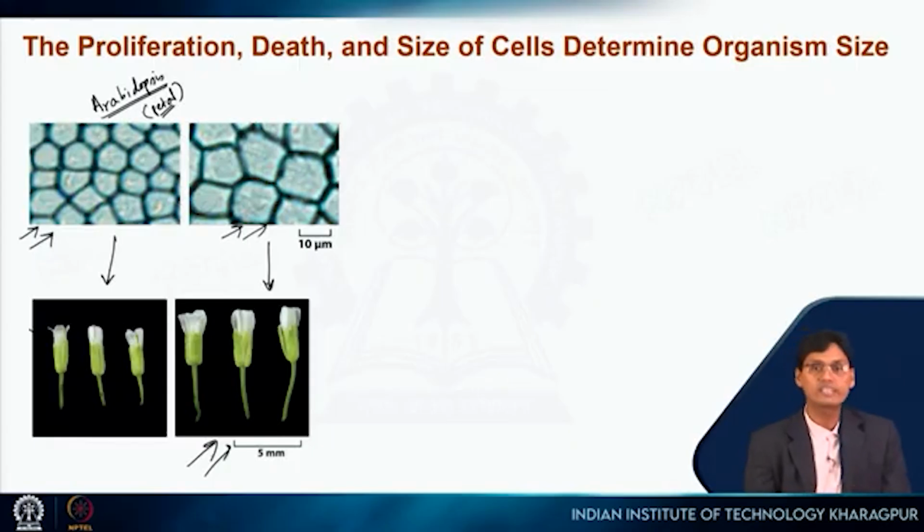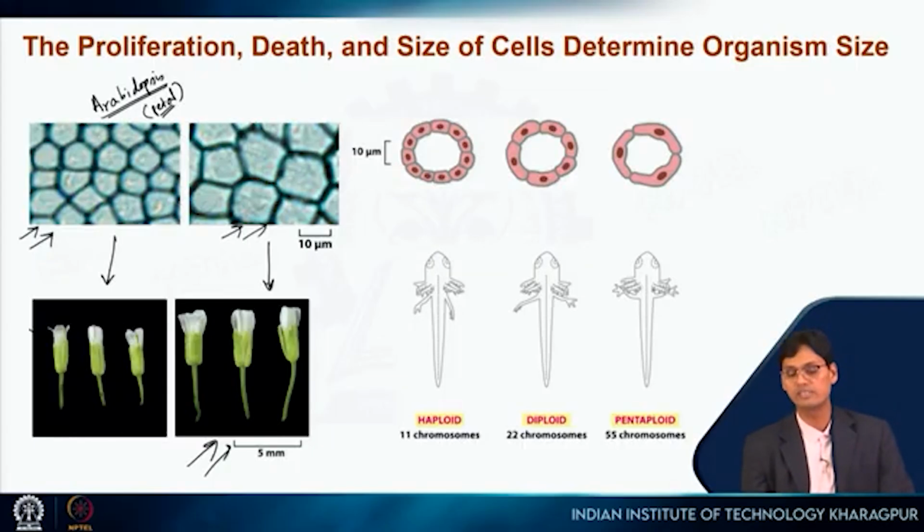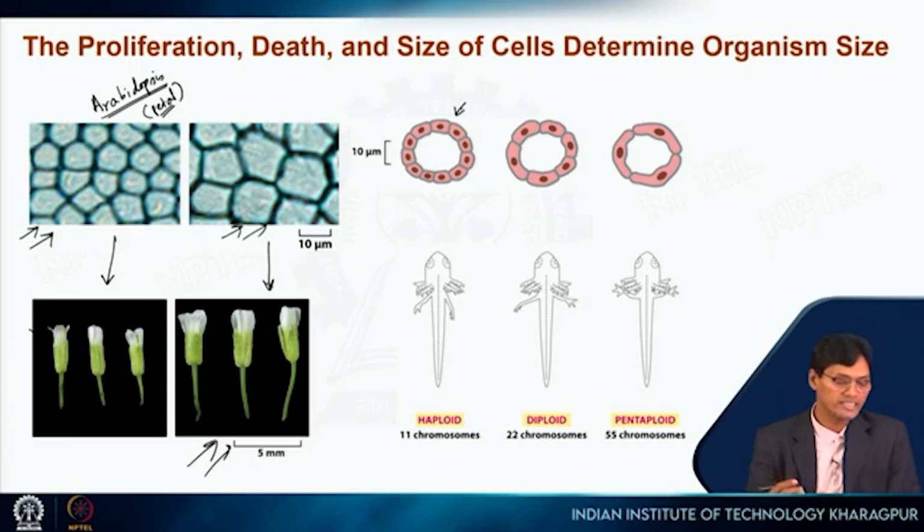But this is in the case of Arabidopsis. Now if I give you another example, you will see something different. Whatever this hollow tube you can see, this is part of the kidney tubule in the case of salamander.